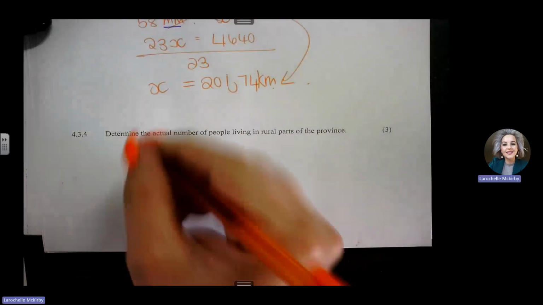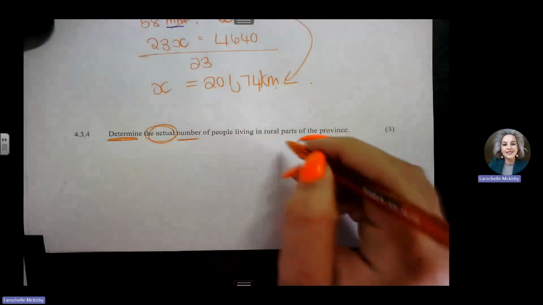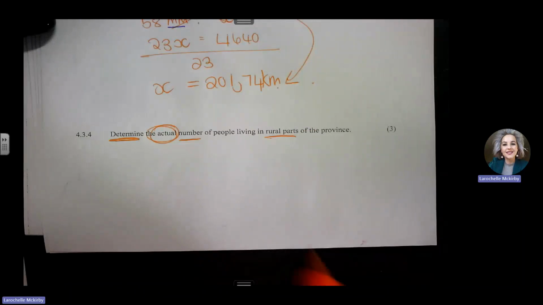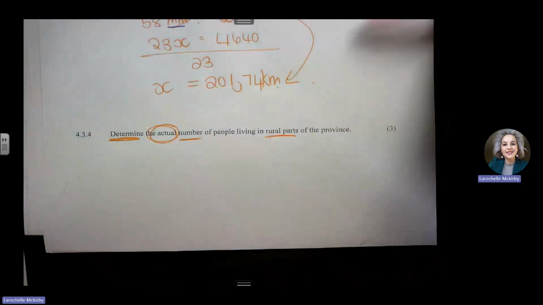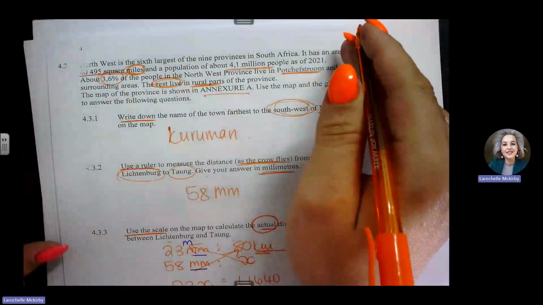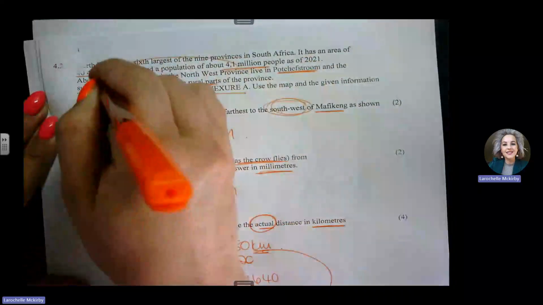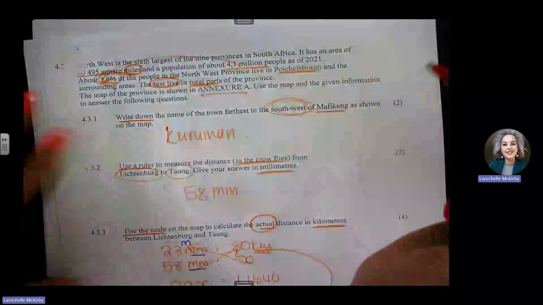4.3.4. Determine the actual number of people living in the rural parts. Why does this sound so familiar? I read something in the story. They told me 4.1 million people are living in the Northwest. 3.6% of those people are from Potch, but the rest are living in the rural parts.